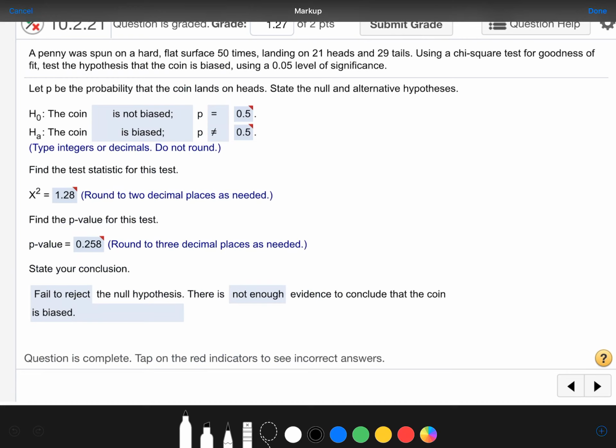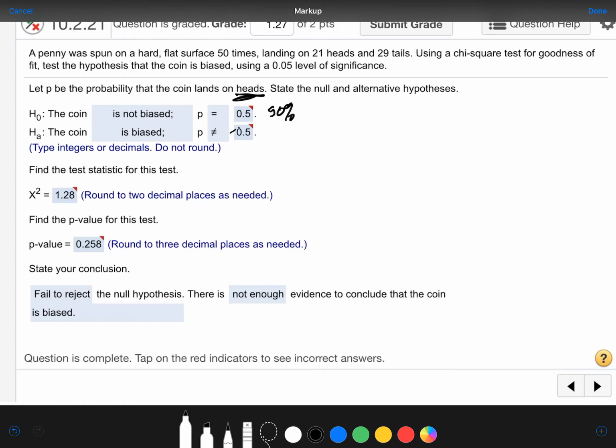The probability of flipping a heads in that case would be 0.5 or 50%. And if the coin is biased in any way, if it's weighted on one side or the other, then the probability of flipping heads would not be 50%. It would be something else.